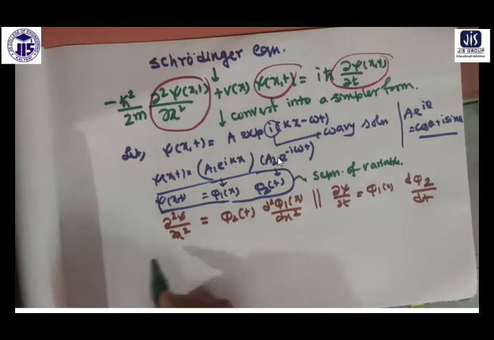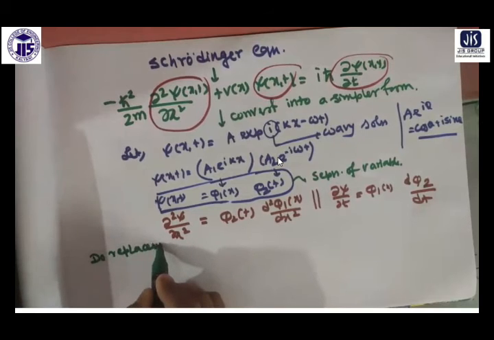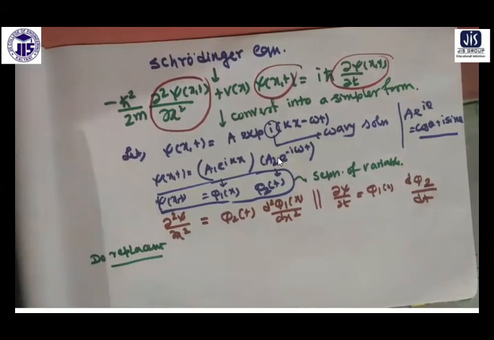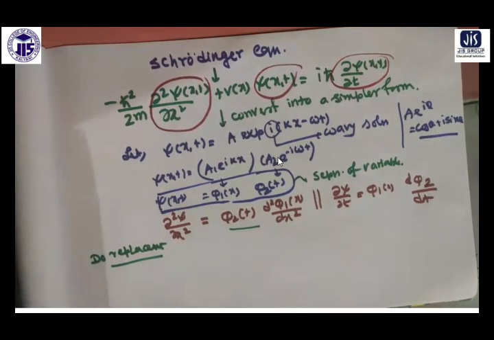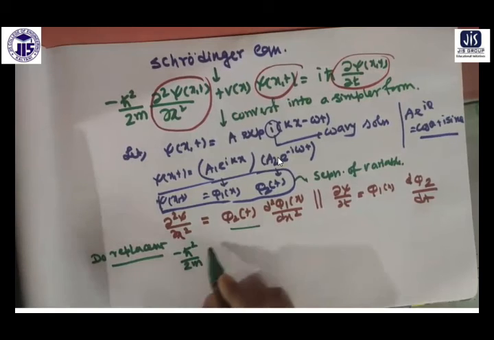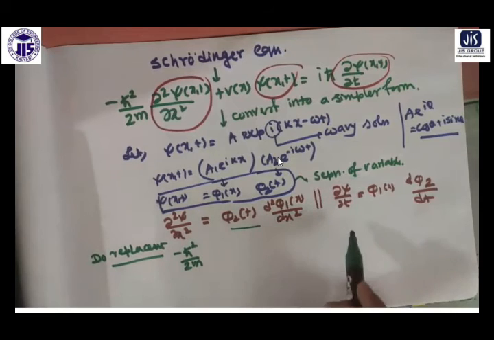So if I do the replacement, and divide every term here with this, it would be like minus h cut square by 2m. Did you see, dx2 will be replaced now?